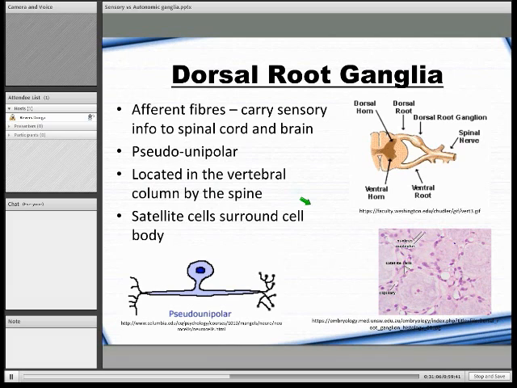These are, or spinal nerve ganglion as they're also known. These are the ganglion which contain cell bodies of sensory neurons, and they contain afferent fibers which carry information from receptors in the tissues, muscles, and organs, and carry them to the dorsal horn of the spinal cord. As the action potential moves down the dorsal root ganglion, it goes from the distal to the proximal process, and it actually bypasses the cell body.